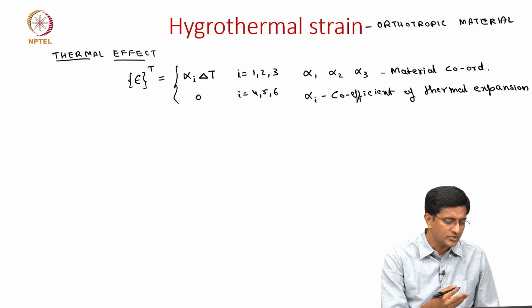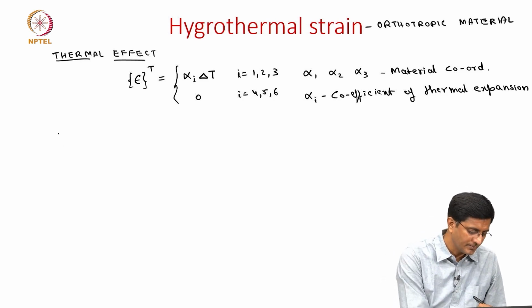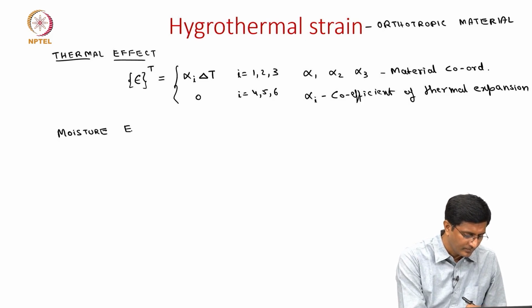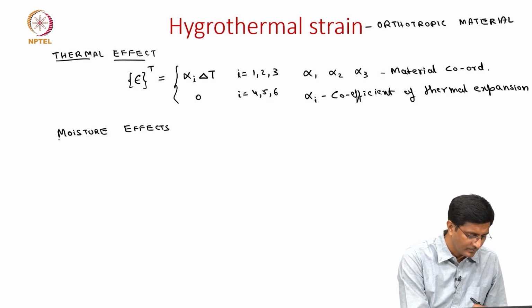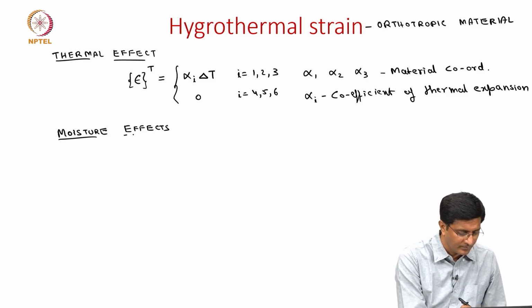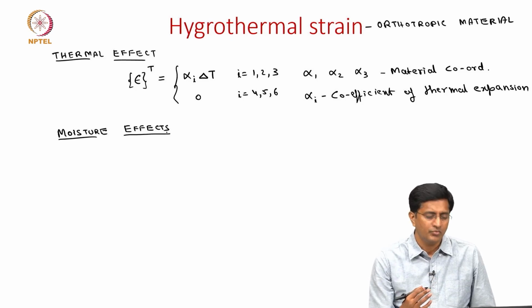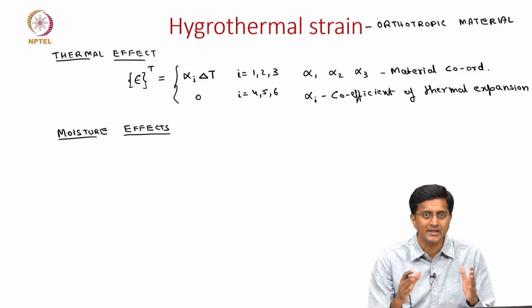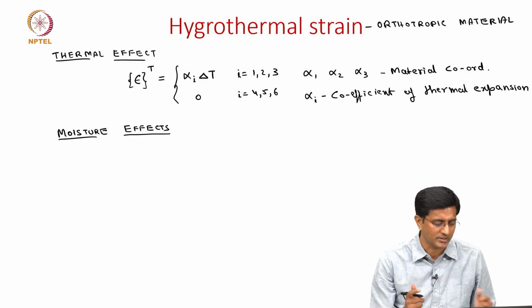Okay. Now let's move to the moisture effects. So here too, we are saying that when there is a change in the moisture concentration within the composite, it can either increase or decrease in size, or there can be expansion or contraction.